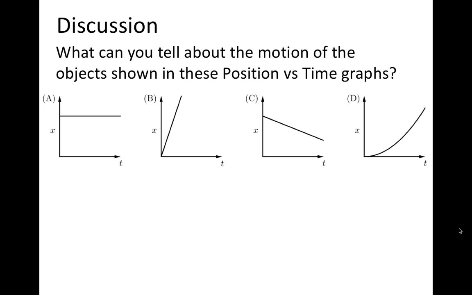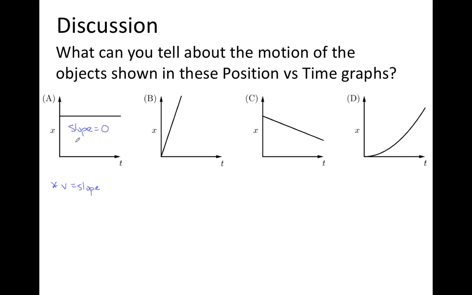So for this slide, it asks, what can we tell about the motion of objects shown in these position versus time graphs? Remember, the main idea here is that the velocity of the object is equal to the slope of these position versus time graphs. So for A, we should notice that this is a horizontal graph. Horizontal graphs have zero slope.